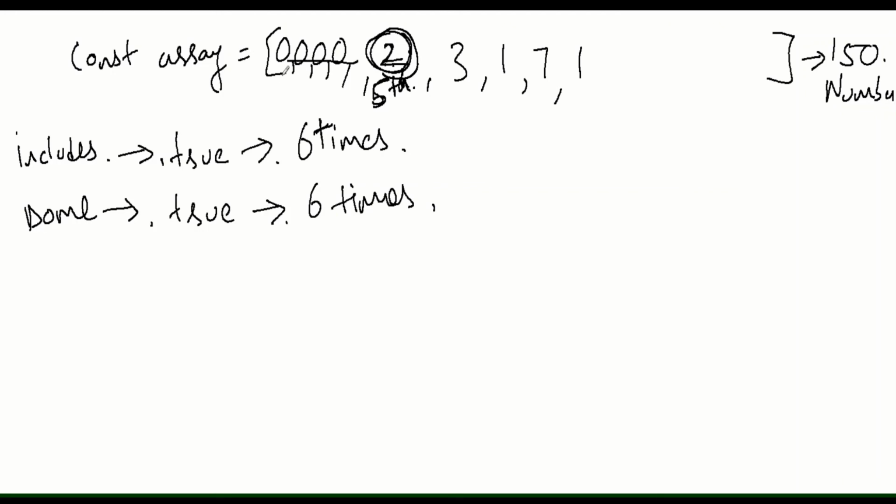So it would check for the value of 0, item 1, then 2, and then 3, 4, and then 5th. So 5 plus 1 is 6 times. If we go with find, it will return 2, and it will process the loop again 6 times.